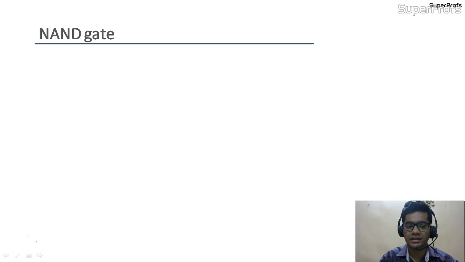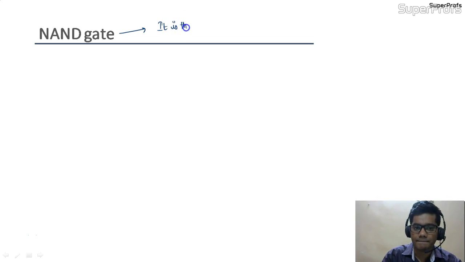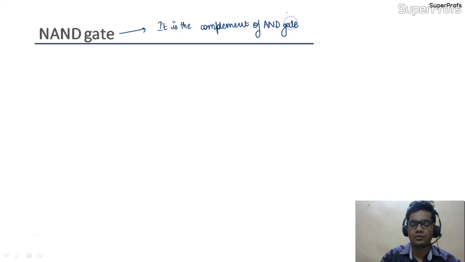Now we are quickly going to discuss the NAND gate. The first point regarding the NAND gate is that it is the complement of the AND gate. So through this we are going to derive all the possible things like the symbol as well as its truth table as well as its transistor circuit.